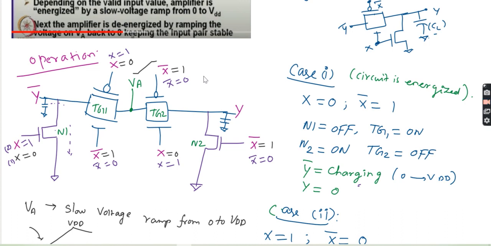With a fixed power supply, we cannot reduce the power dissipation beyond the limit, which is CL into VDD square. We cannot reduce that. So to reduce that, we went for the technique called the adiabatic switching technique. So the circuits will be used like this.